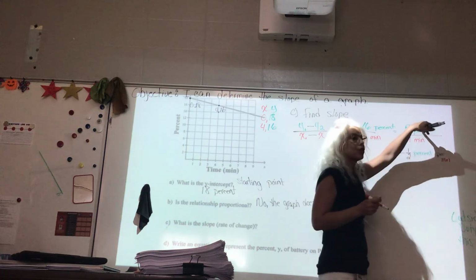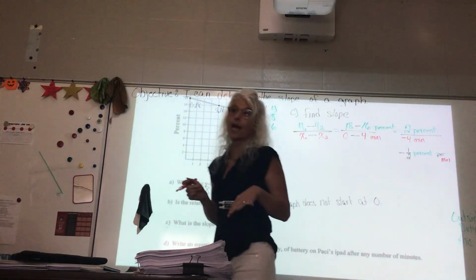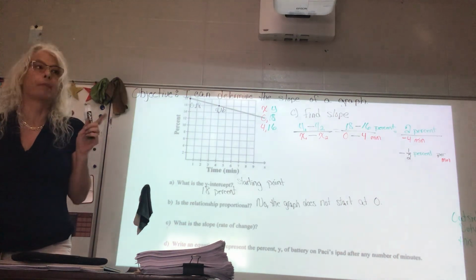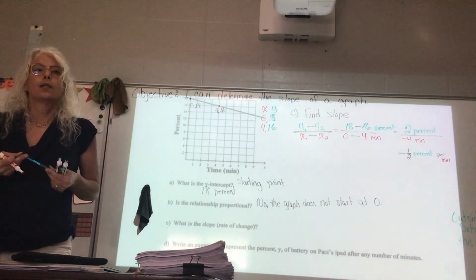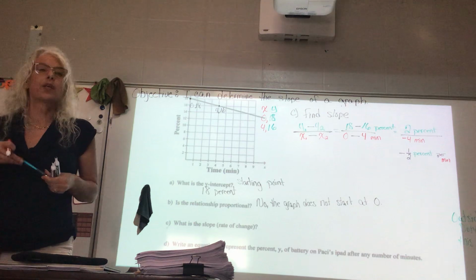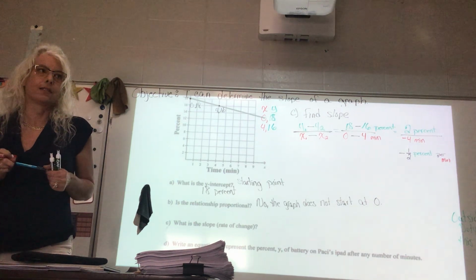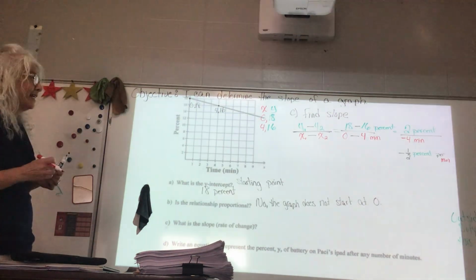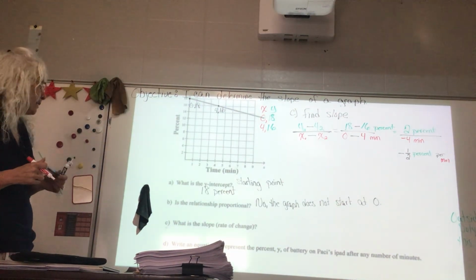Because she loses 2% every 4 minutes, correct? So she's actually losing 0.5% in 1 minute. Are we good? So what do you think Casey's doing with her iPad? Using it. Yeah, she's using it. She's definitely not charging it. And if she is, she's losing more than it's going in.